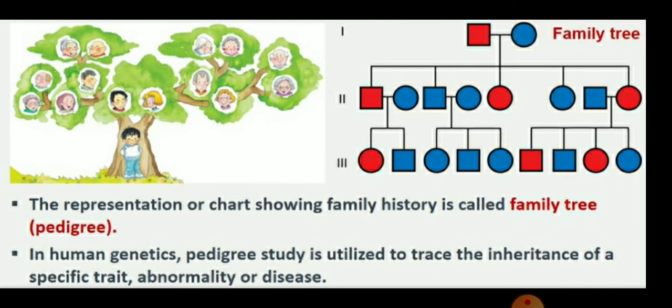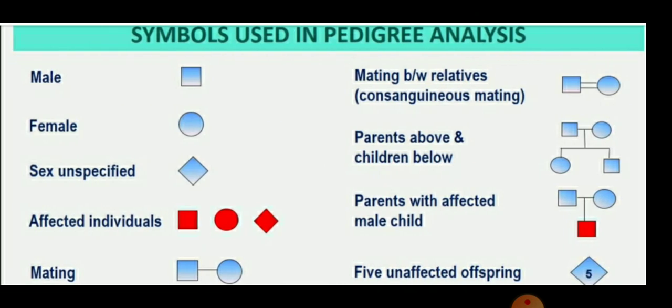Children, the representation or the chart showing the family history is called the family tree or pedigree. In human genetics, the pedigree study is utilized to trace the inheritance of a specific trait, abnormality or disease. So children, here are some symbols used in the pedigree analysis.